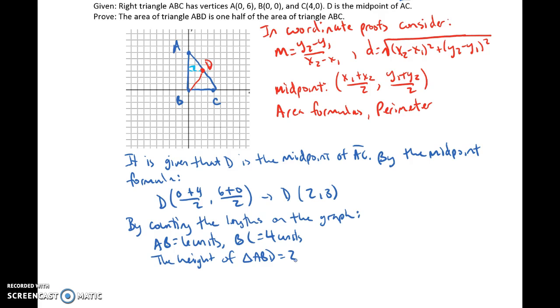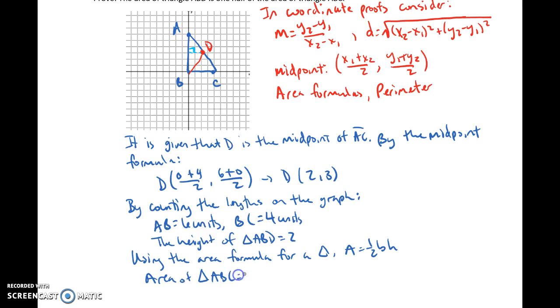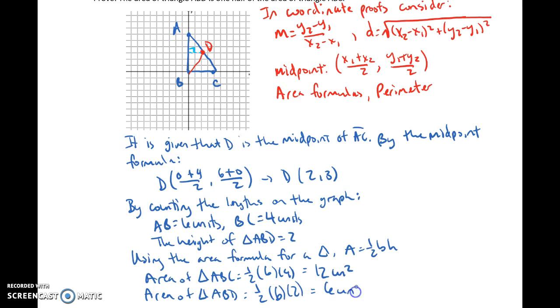Okay? And then we know the area formula. I'm going to keep scooting this up. For a triangle, A equals 1/2 base times height, the area of triangle ABC is 1/2 of 6 times 4, which is going to give me 12 square units, and the area of triangle ABD is 1/2 of, remember the base is again AB, and then the height is 2, so 1/2 of 6 times 2, which is 6 square units.